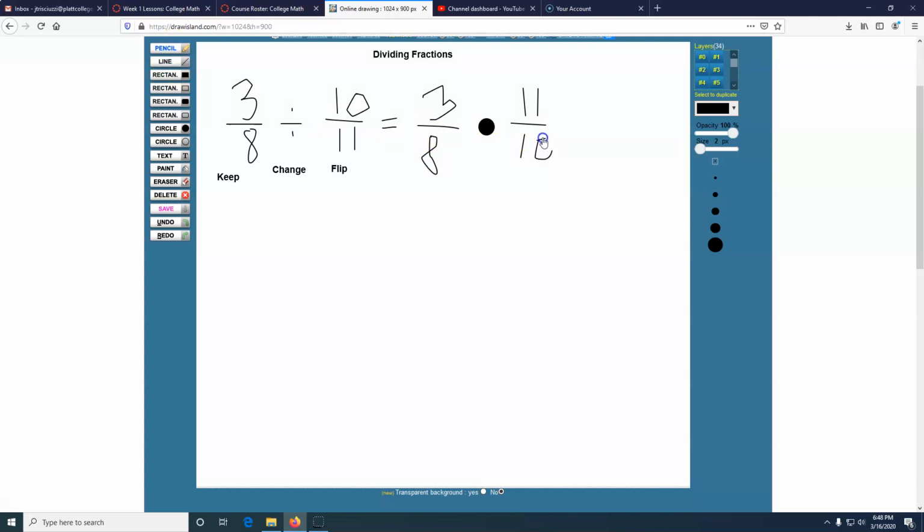So when we do that, we get 33 over 80, which is the same thing we got last time, but this method is a little easier to remember. So if you're going to choose which method to use, I strongly recommend keep, change, flip. And the reason for that will be apparent here in our next example.